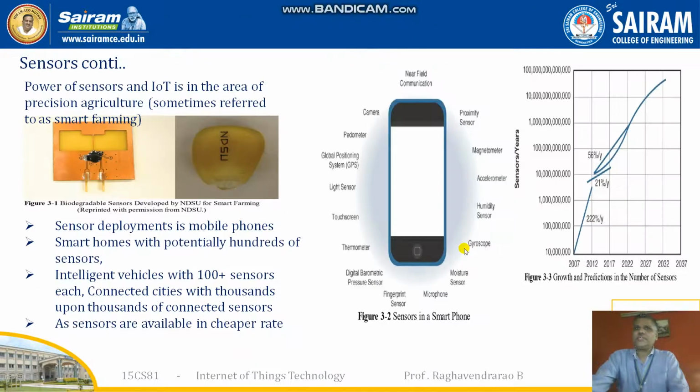There are so many sensors we have now studied. One example shown on your screen, that shows the power of sensors and IoT, is in the area of precision agriculture.